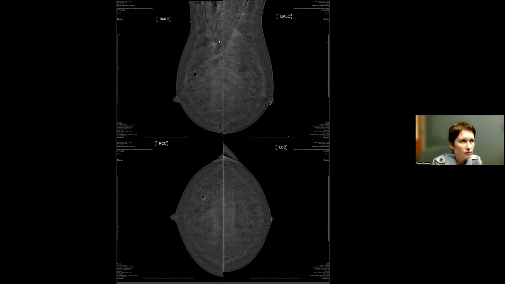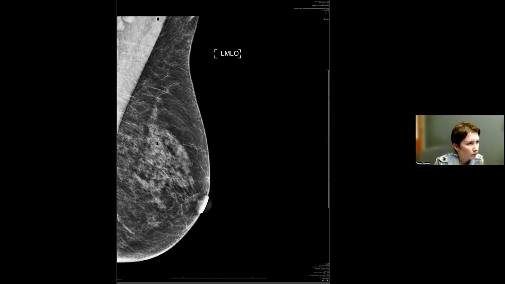You can see it on some manufacturers' equipment more than others, and you definitely have to look at it and evaluate it because cancers can appear like that. But in this particular case, it's relatively symmetric. And what is important, when you are evaluating your low energy image, you don't see any parenchymal tissue there at all, any glandular tissue.